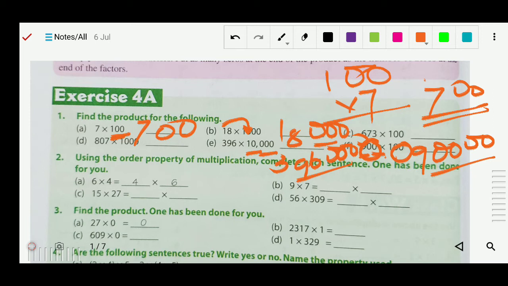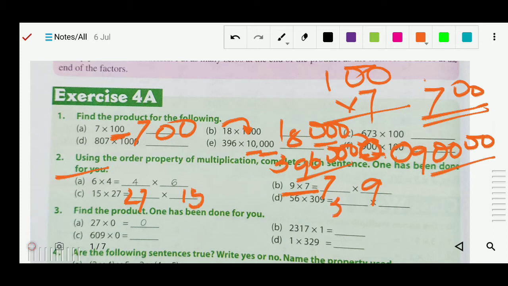Now here, question number 2, using the order property of multiplication, complete each sentence. So how will you complete? The first one is already completed. Next we can do this, 9 into 7. As I told you, for the order property we can swap the numbers, we can change the order. So this 9 into 7, can we write 7 into 9? Yes, we only change the place or the position. Here 27 we can write, and here I can write 15.